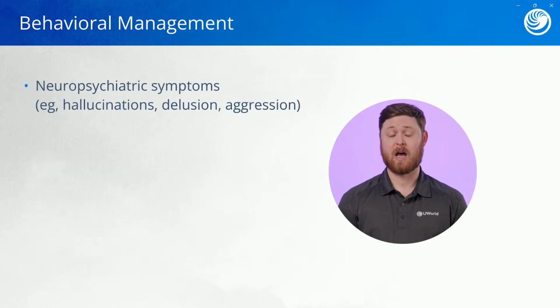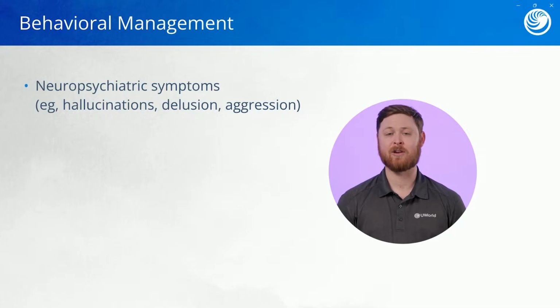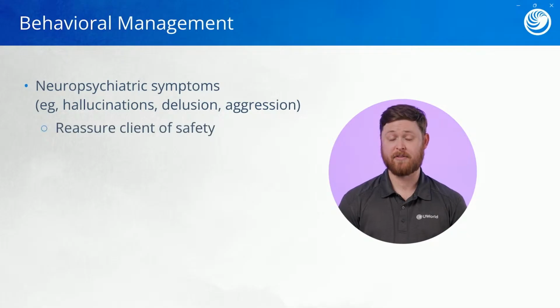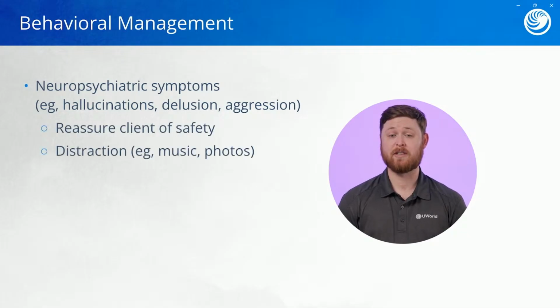Neuropsychiatric symptoms with Alzheimer's disease can include hallucinations, delusions, and aggression. Now, it's very important that if a client is experiencing any of these, we do not want to negate their experience. We do, however, want to continually establish reality and reorient the client. This includes assuring the client that they are safe, using forms of distraction like the use of familiar music or photographs.